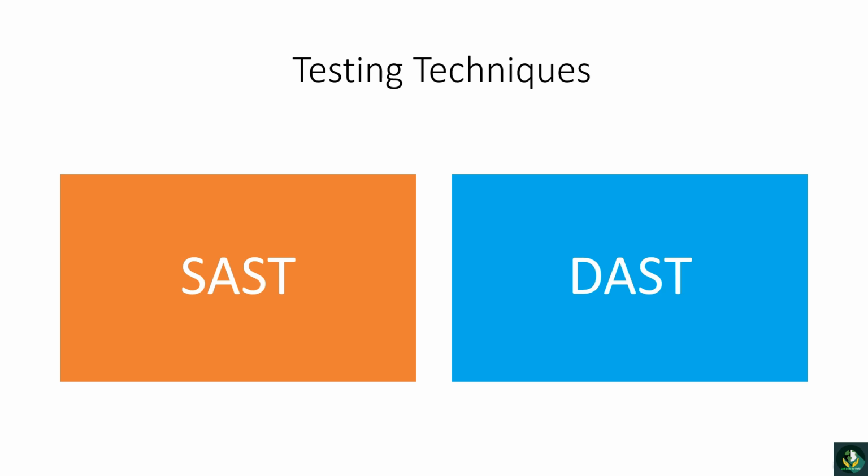The second one is DAST, which is dynamic application security testing. DAST tools communicate with the application through its front end in order to identify vulnerabilities. A dynamic application security testing tool does not need any access to your source code. Rather, it simulates real attacks using a black box strategy.